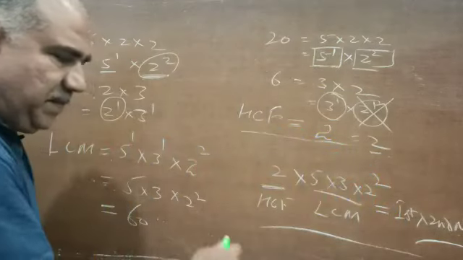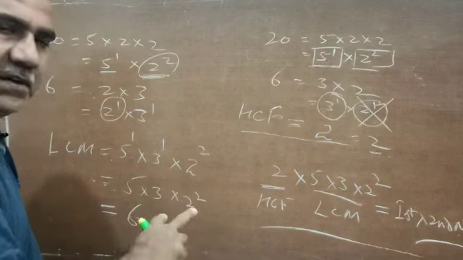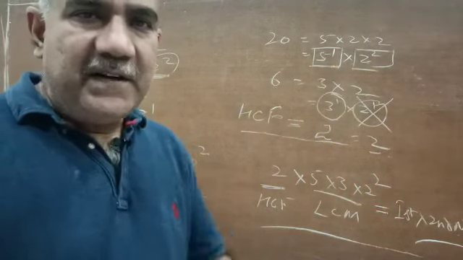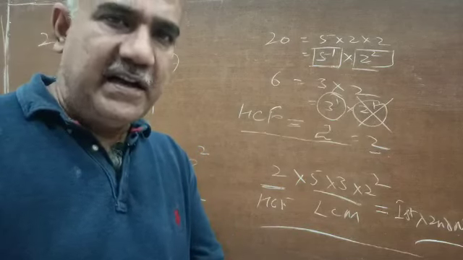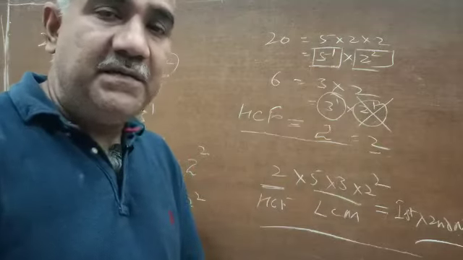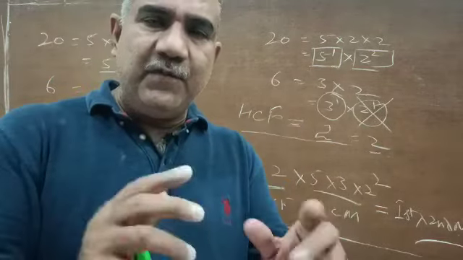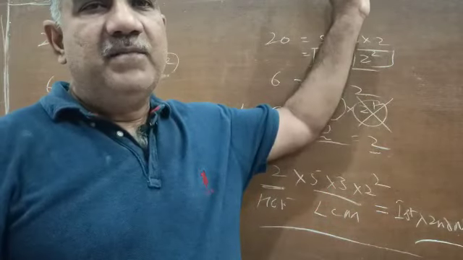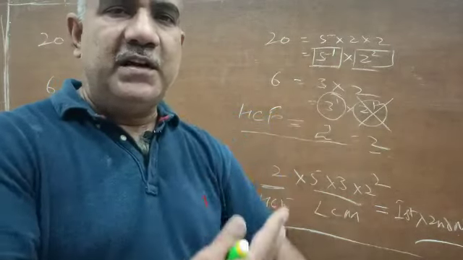So the multiplication of HCF and LCM of two numbers is equal to the multiplication of those two numbers. Whatever factors have been taken in LCM, the rest of the factors are present in HCF. So when you multiply LCM and HCF, in a way you are multiplying every prime factor of the given two numbers. So that will be equal to the product of the given two numbers.